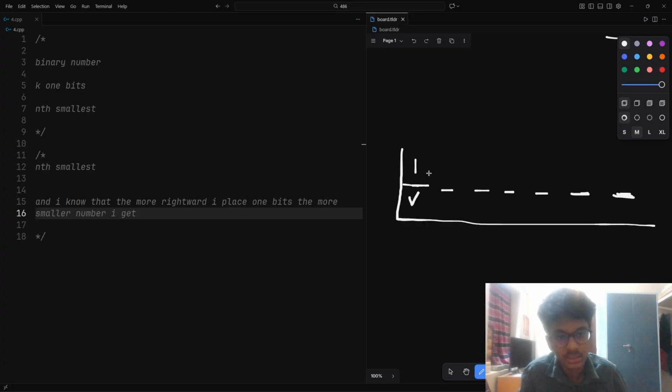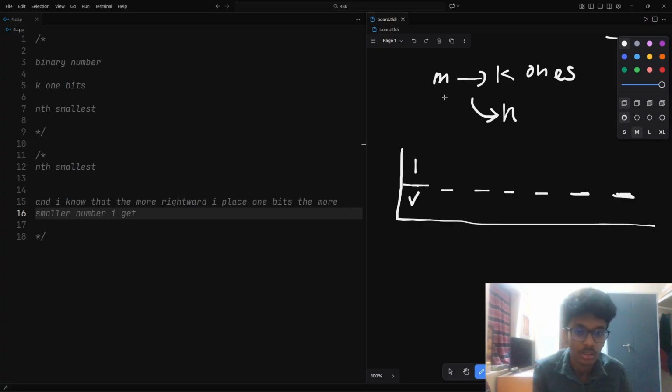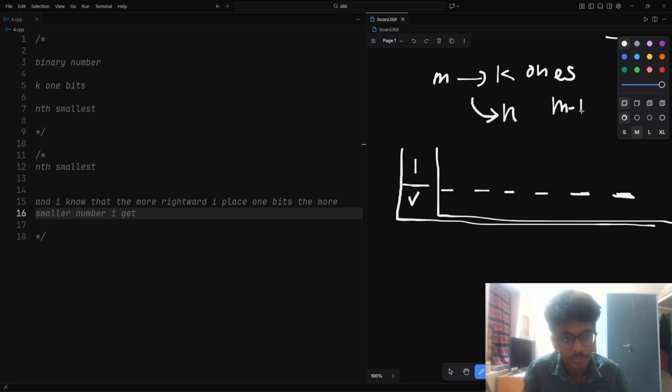If these m blanks, when filled with k 1s, give me at least n number of ways, and when I place a 1 here, leaving m minus 1 blanks, it should give me less than n ways.